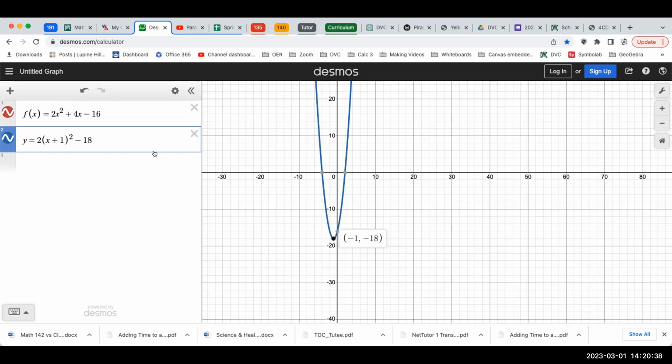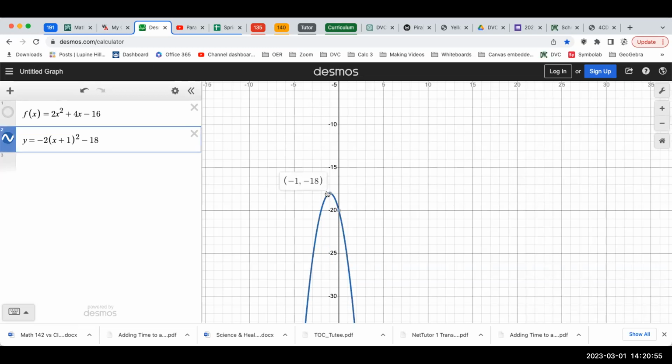But if the parabola was facing down, now what's the range? Up towards -18. Right? So in this case, -18 is the maximal y value, because it's the highest, it's the peak. Versus if the parabola is facing up, now it's the lowest point, correct.